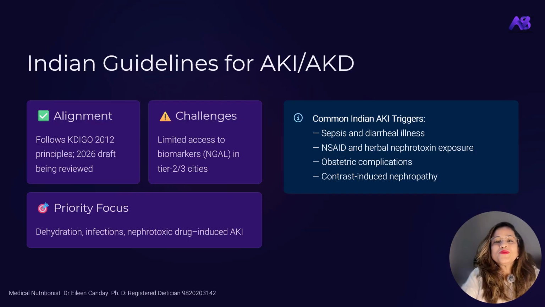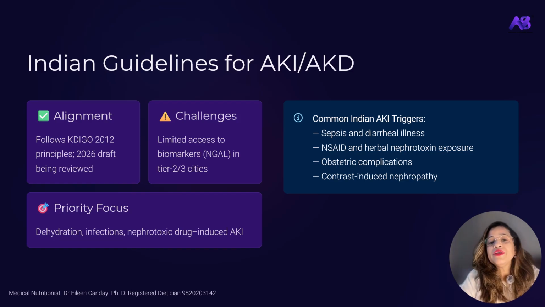Now, in the Indian guidelines, which are also aligned to the KDIGO 2012 standards with 2026 updates under review, these biomarkers which I just spoke about, like NGAL, weren't widely available, and it's very difficult to find them even in smaller cities as well as in bigger cities.